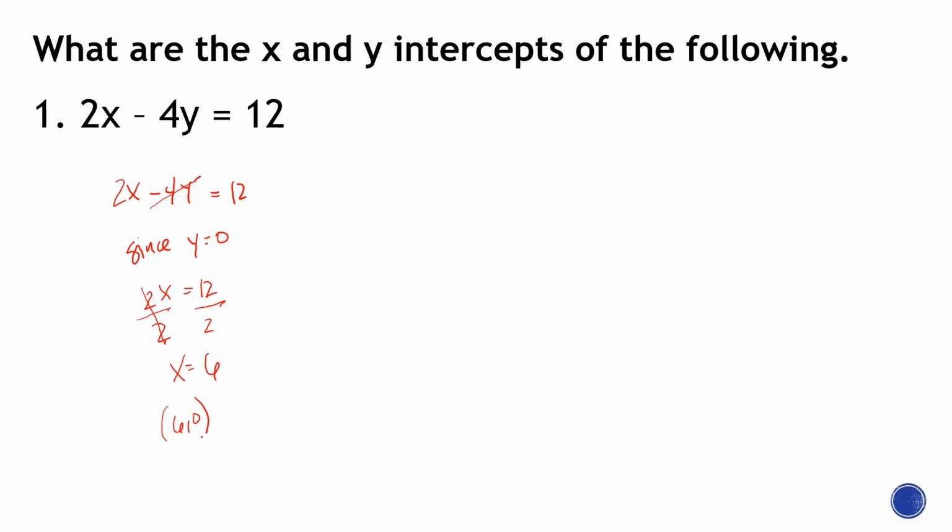Next, for the y-intercept this time. Since x is equal to 0, we can just erase or cross out the term with x. And that will leave us with negative 4y equals 12.